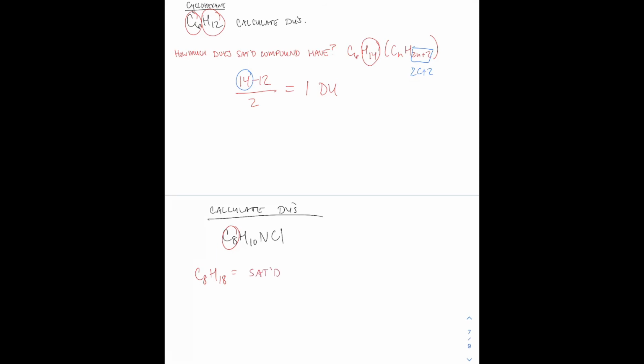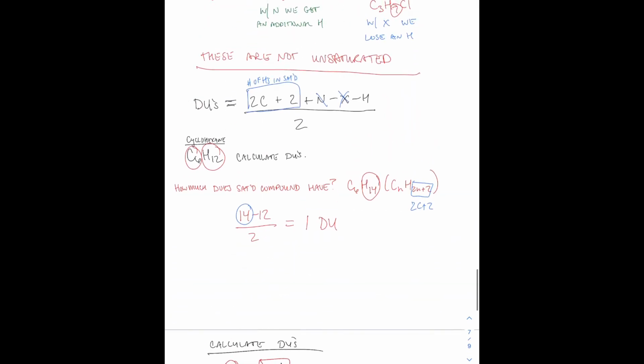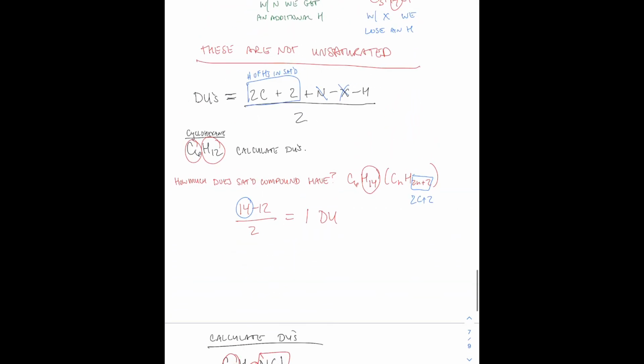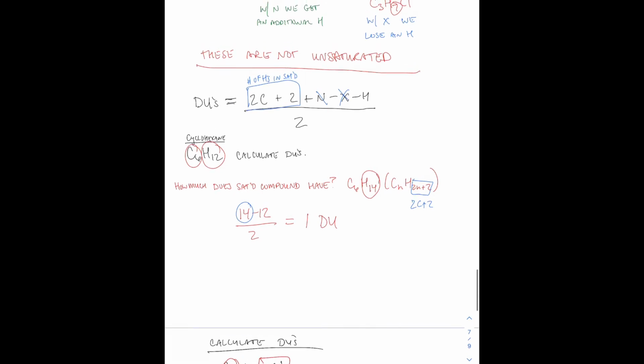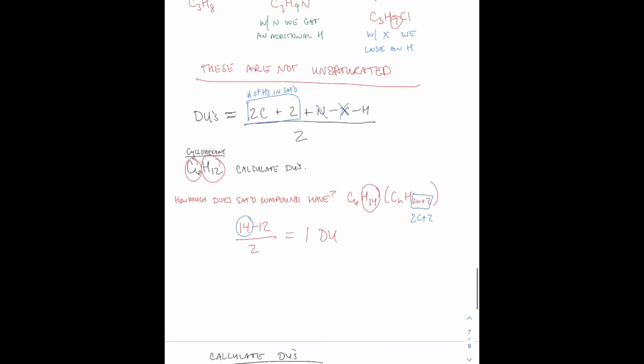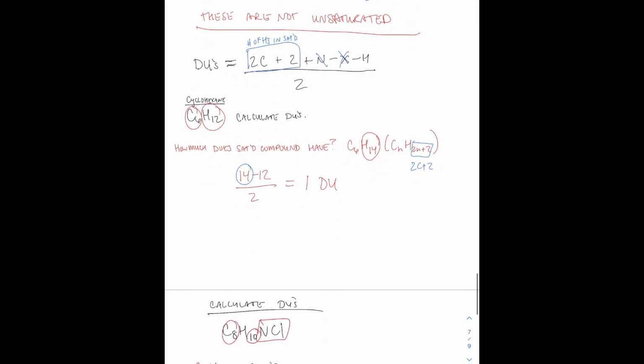So this would be a saturated compound. And essentially what we have is obviously a very large difference between the number of hydrogens, but we also have the presence of that nitrogen and chlorine. So what we want to do is look at our formula. Remember that 2C plus 2 represents the number of hydrogens in the saturated compound.